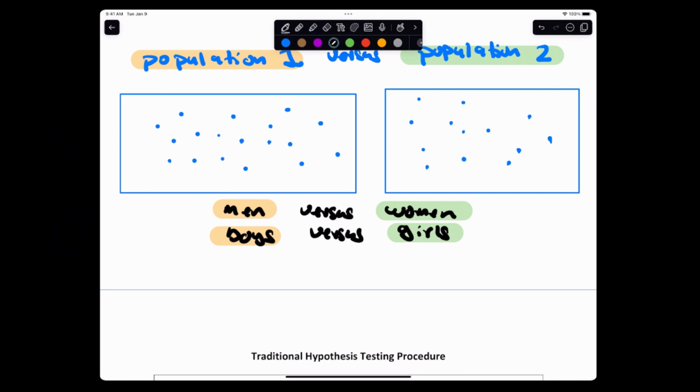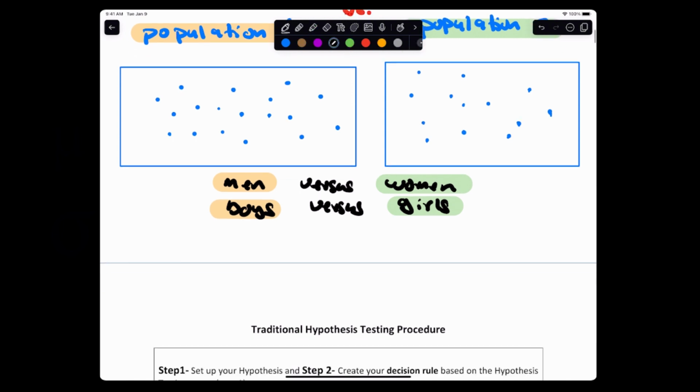Okay, you can even compare different ethnicities. You can say white versus non-white.